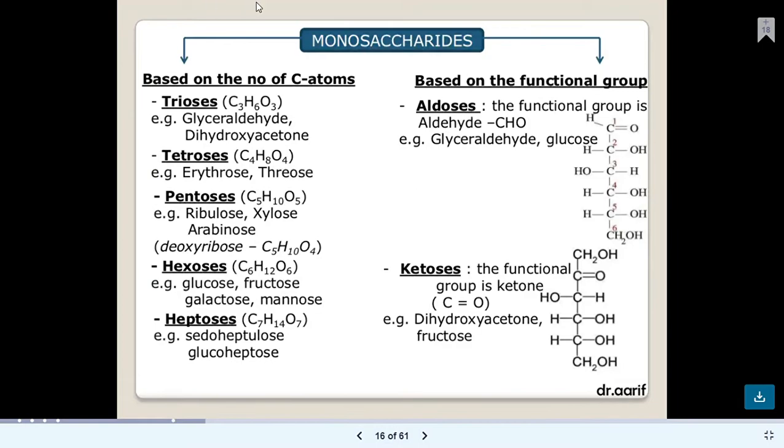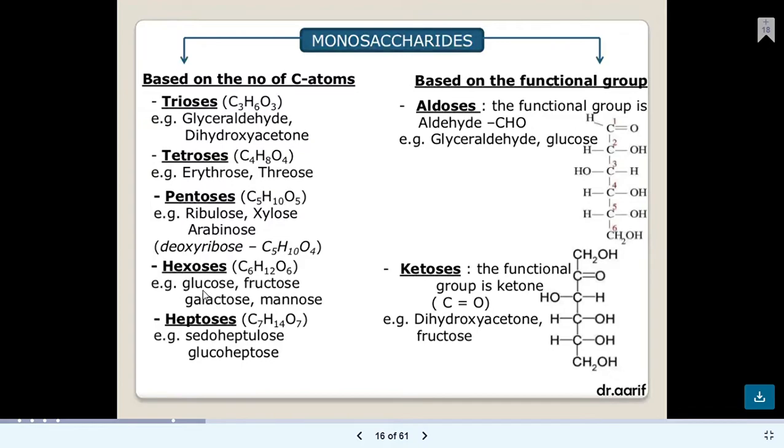So monosaccharides, based on the number of C atoms, you have trioses, tetroses, pentoses, hexoses, heptoses, etc. Based on functional group, you have aldoses and ketoses. In trioses, you have glyceraldehyde and dihydroxyacetone. In tetroses, you have erythrose and threose. In pentoses, you have ribulose, xylose, arabinose.